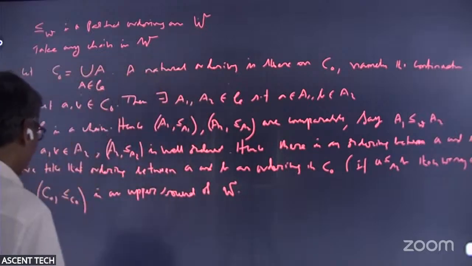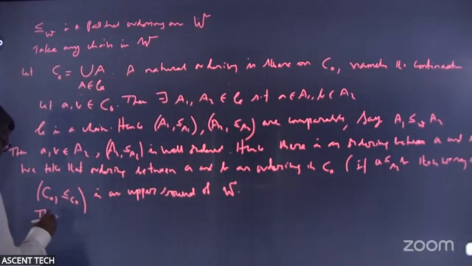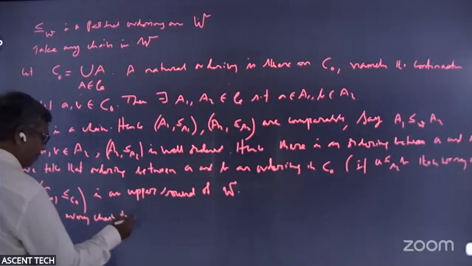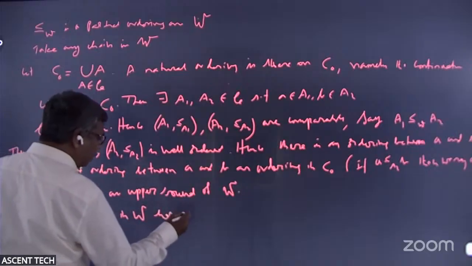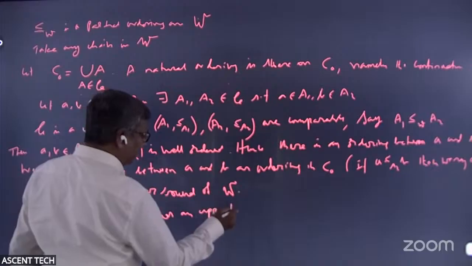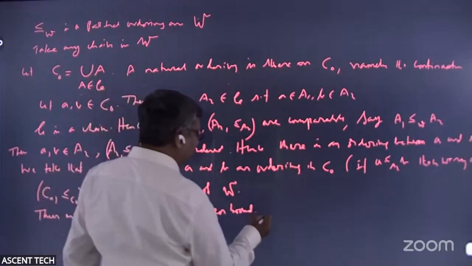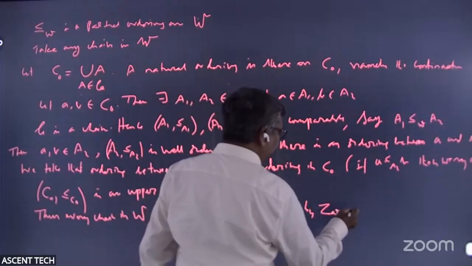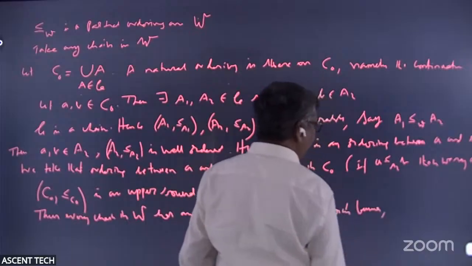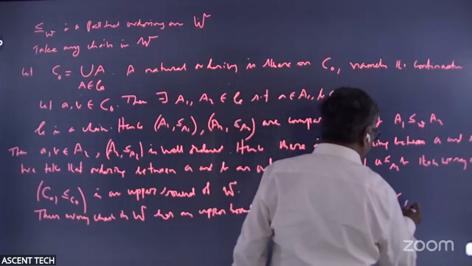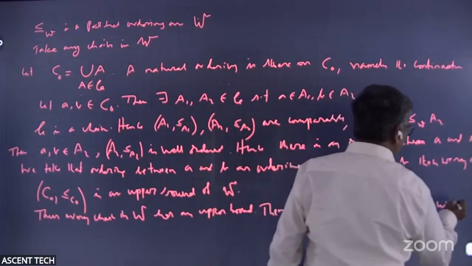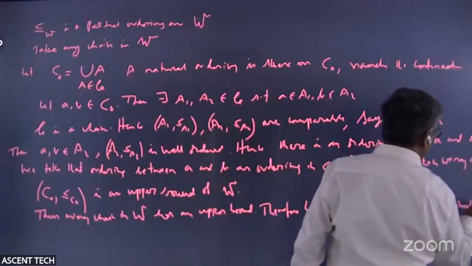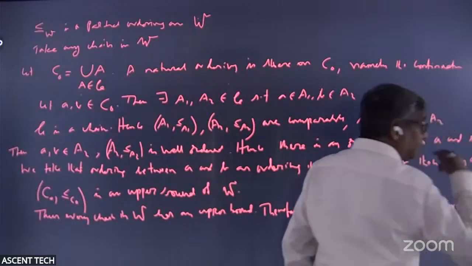Therefore, by Zorn's lemma, every chain in W has an upper bound, so W has a maximal element.